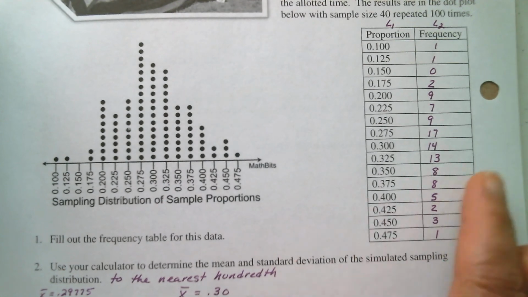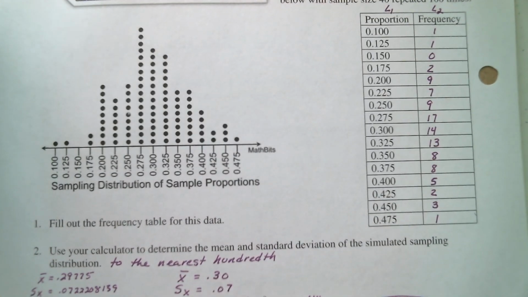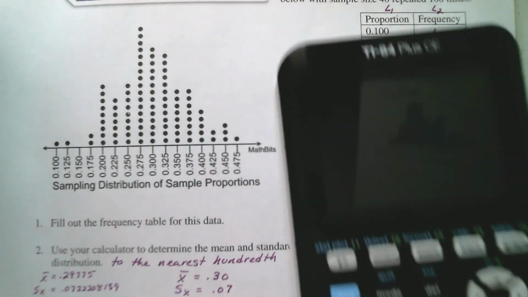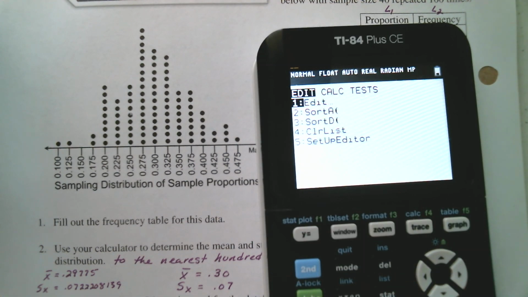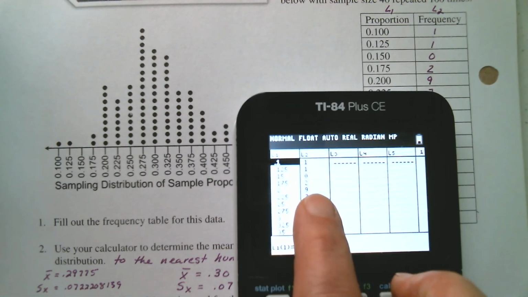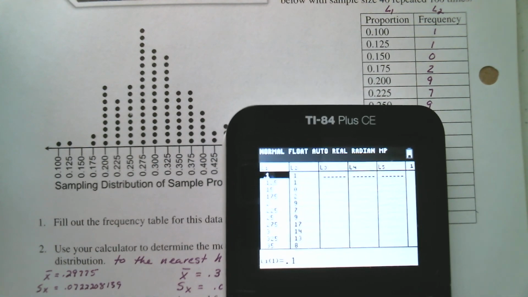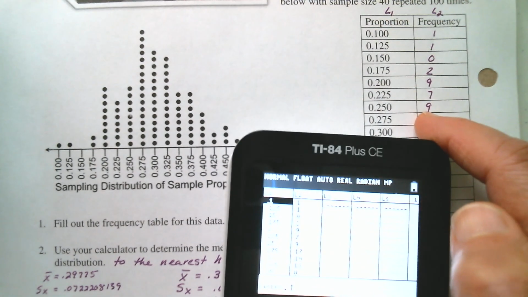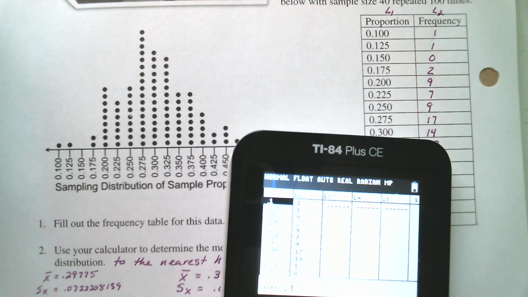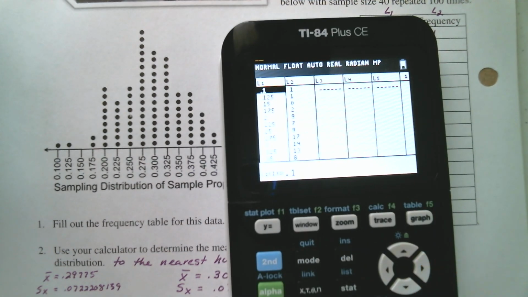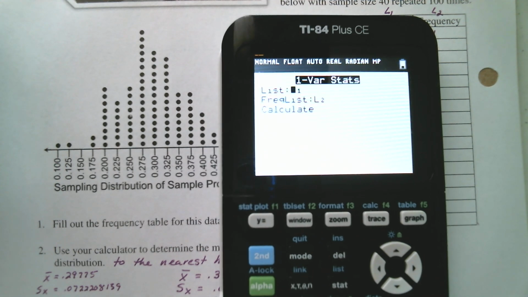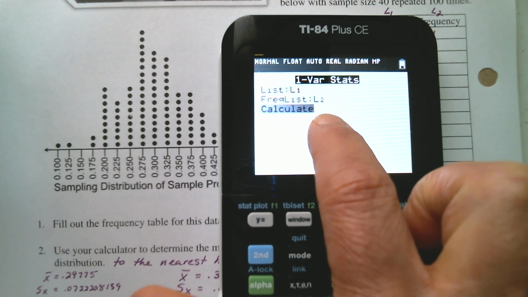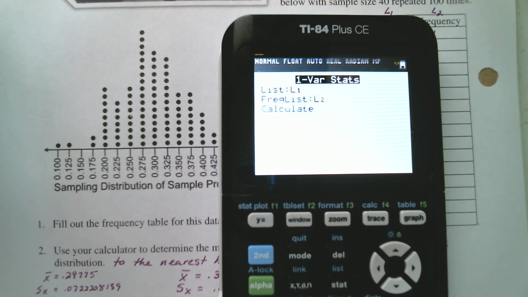For the frequency table, using the calculator, we do stat edit. L1 is our proportions, L2 is our frequency, and then stat calc, one variable statistics. Make sure that L2 is pasted into the frequency list.